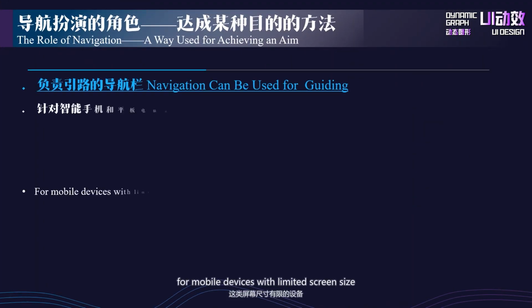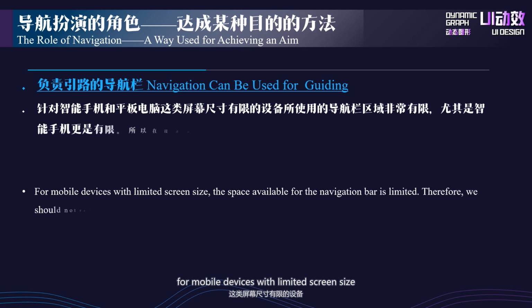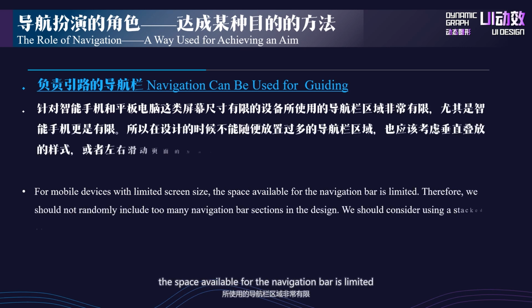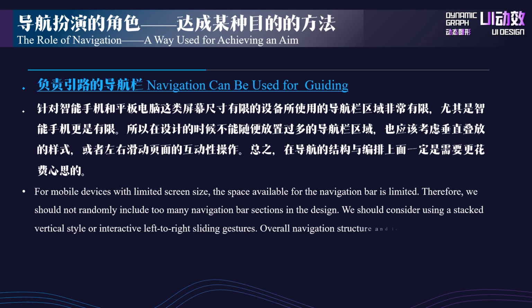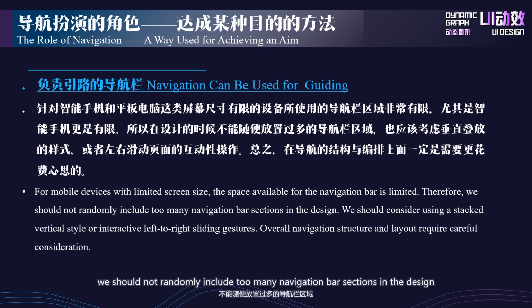However, for mobile devices with limited screen size, the space available for the navigation bar is limited. Therefore, we should not randomly include too many navigation bar sections in the design. We should consider using a stacked vertical style or interactive left-to-right sliding gestures.